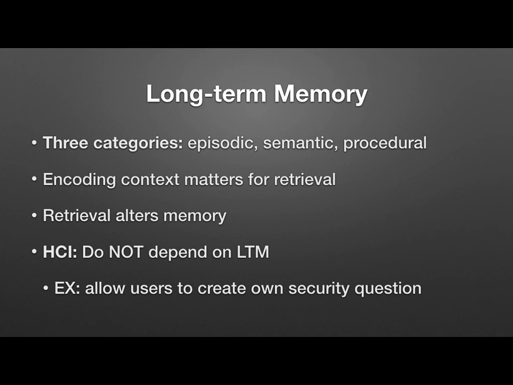What happens is that it pulls up something from long-term memory, puts it into working memory, executes the plan, and you go. Semantic memory is all about what things mean.